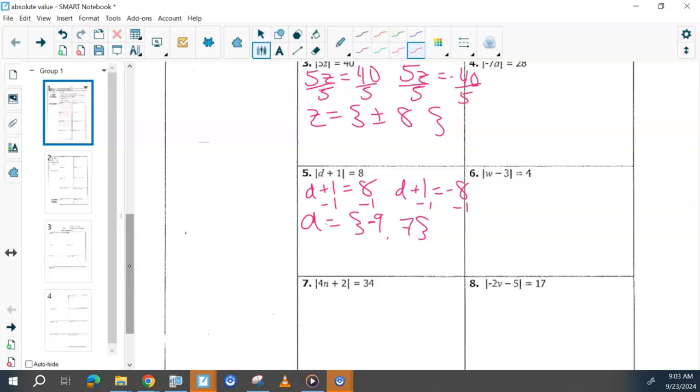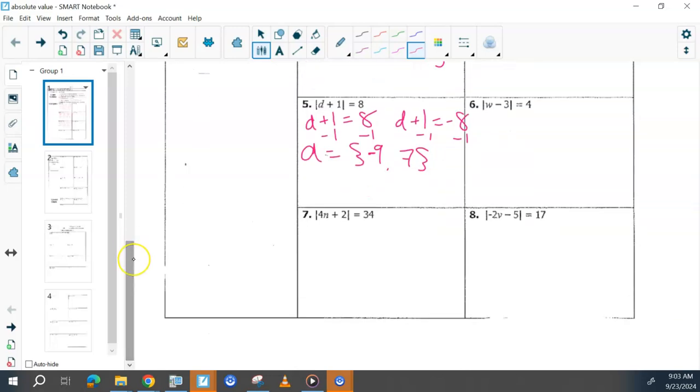Okay, let's try 7. Again, it's already isolated, so we don't need to do that part. Drop the absolute value, set this equal to a positive 34 and a negative 34. And then how would we solve this? Subtract 2.